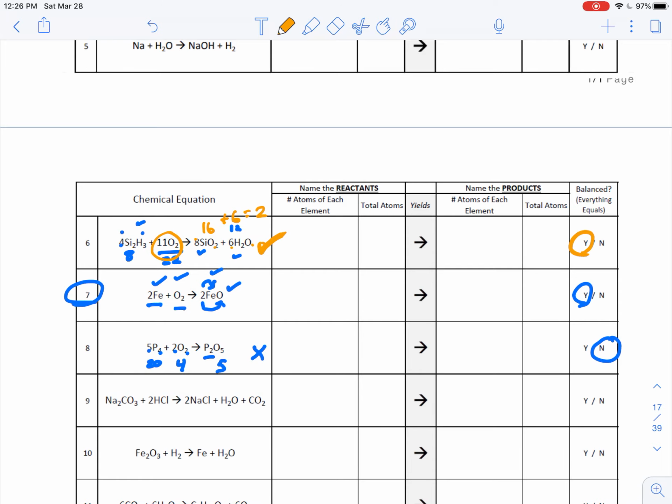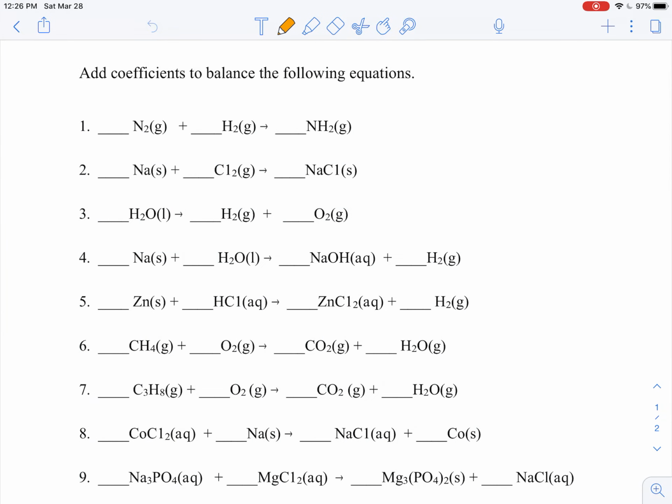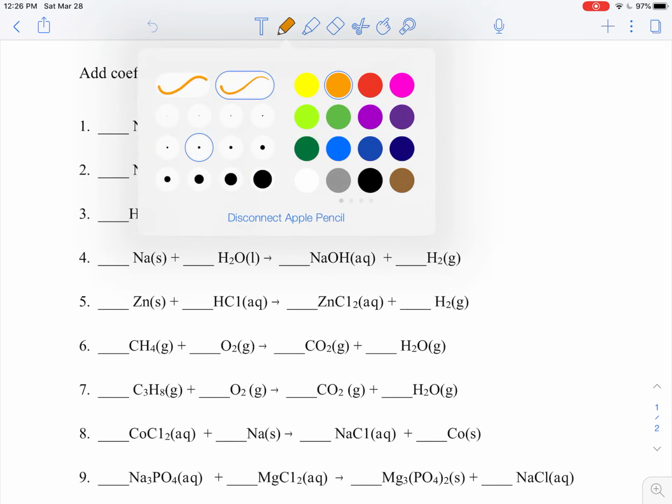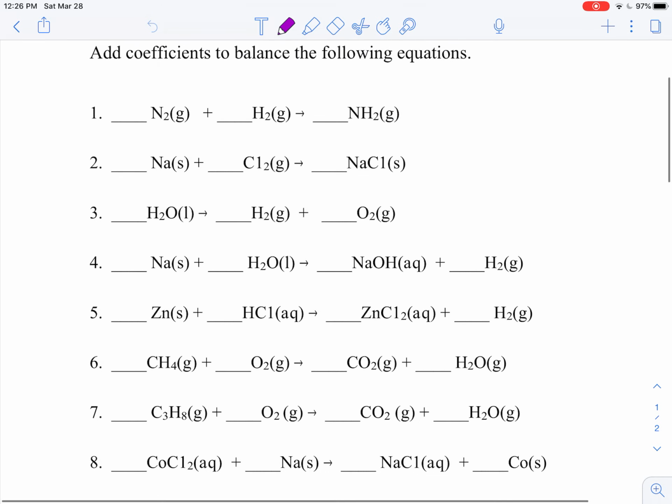I'd like to go to some practice with you, and the practice I'm going to do is not a page that you have, but you can certainly follow along as I'm showing you how I would think through the balancing, so that you can all do some practice in your notes that I will be assigning before our lesson 2 tomorrow, which is looking at the different kinds of chemical equations.